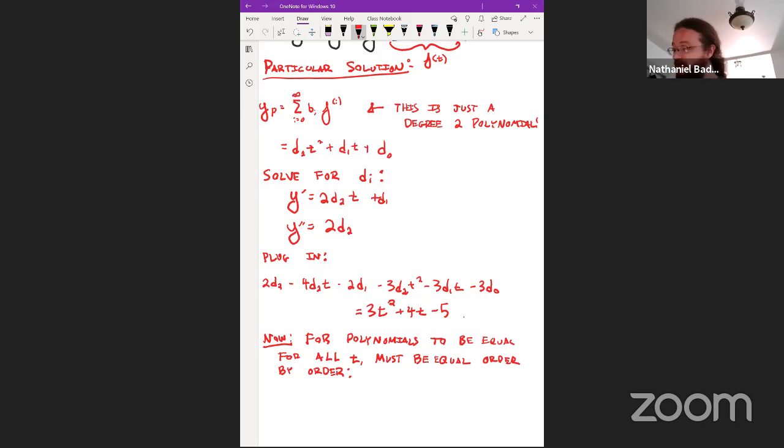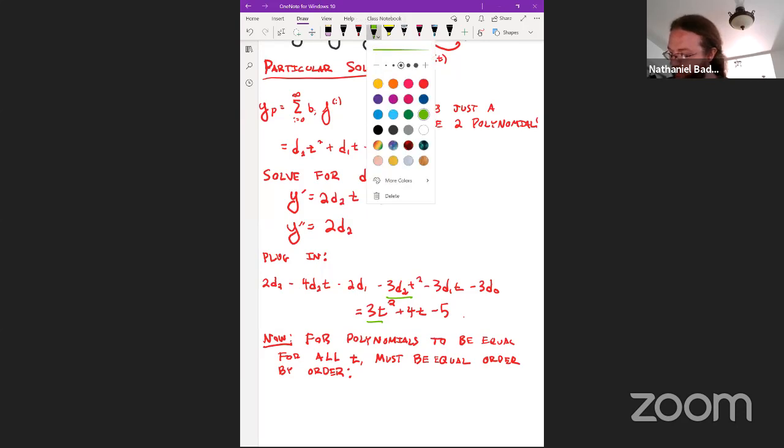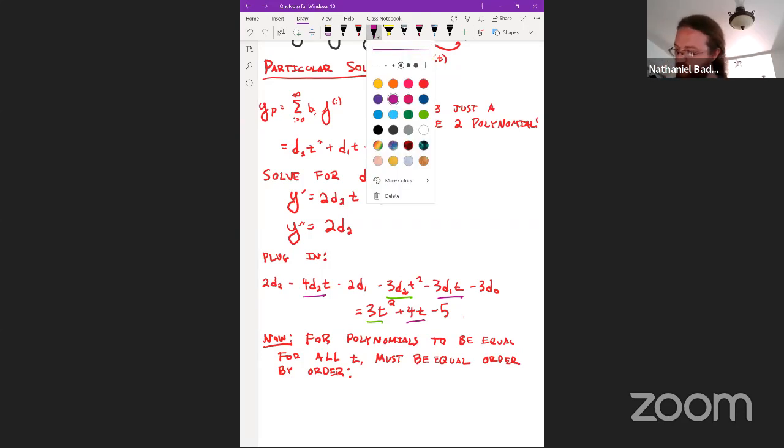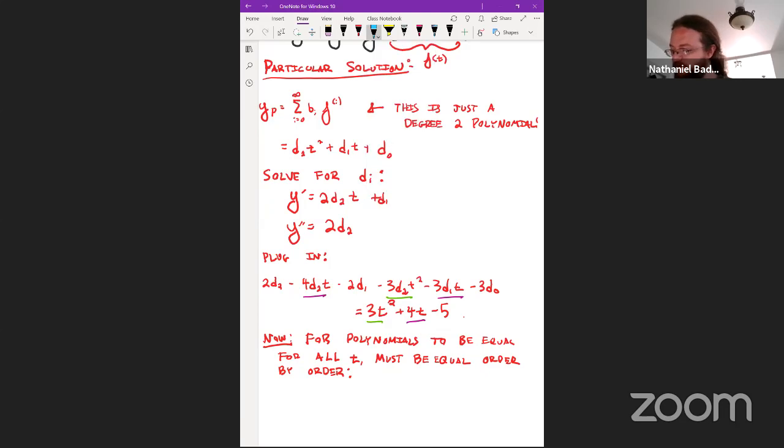So what this means here, right, is that the t squared terms have to be equal, the t terms have to be equal, and the constant terms all have to be equal.